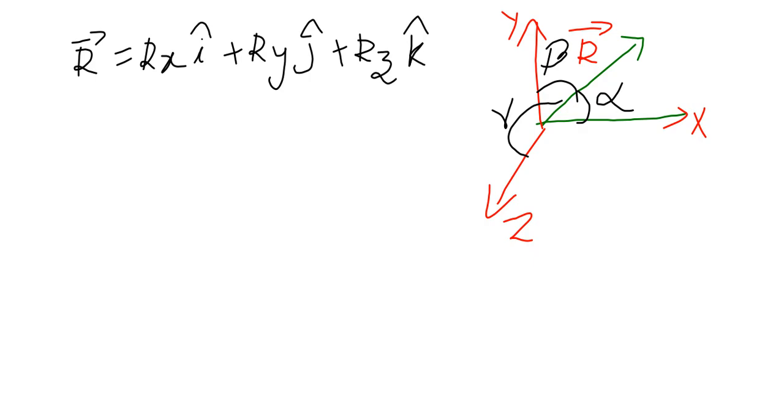This vector makes angles alpha, beta, gamma with the x, y and z axes.